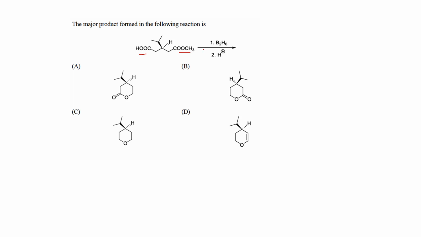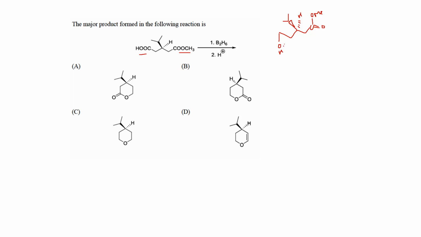In presence of B2H6, this acid group will be reduced selectively and we will get the alcohol and this ester.